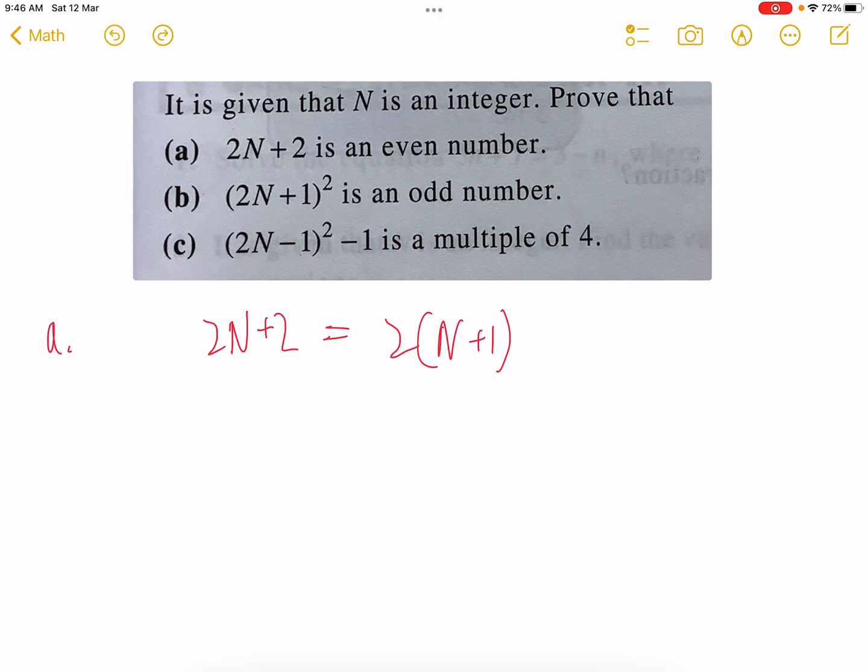That means we have a 2 in the front, so it's a multiple of 2, and if this is a multiple of 2, then it can surely be divided by 2, because if we divide it by 2, it's just n plus 1, and because n is an integer, n plus 1 is also an integer. That means it is fully divisible by 2. Good, so we actually already proved it.